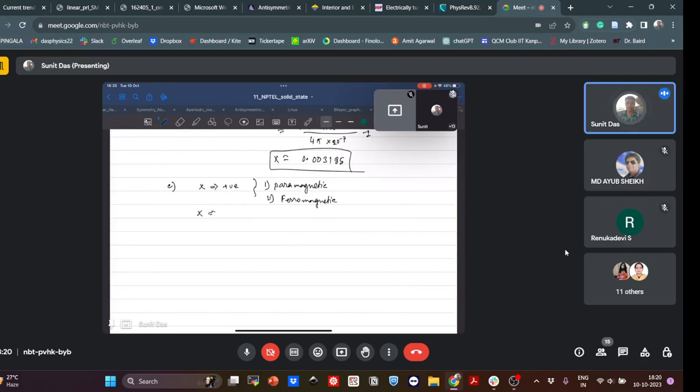If chi is negative, then it implies diamagnetic. For chi positive there are two possibilities, and the difference is that for paramagnetism chi is pretty low, while for ferromagnetism chi is very large.